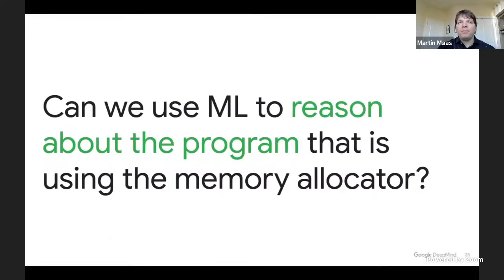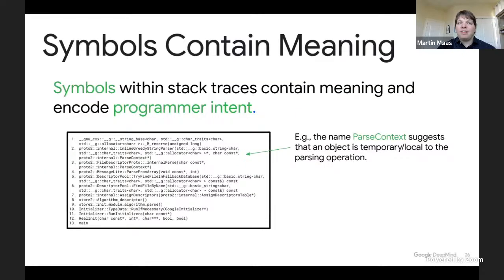Okay, so how can we leverage ML to reason about the program that is using the memory allocator in order to make the decisions better? The answer is that when we do an allocation, we can actually see a little bit into the code, because we can see the stack trace at the time we make an allocation. That stack trace encodes lots of symbols from function names, type names, and so on, and those encode programmer intent.